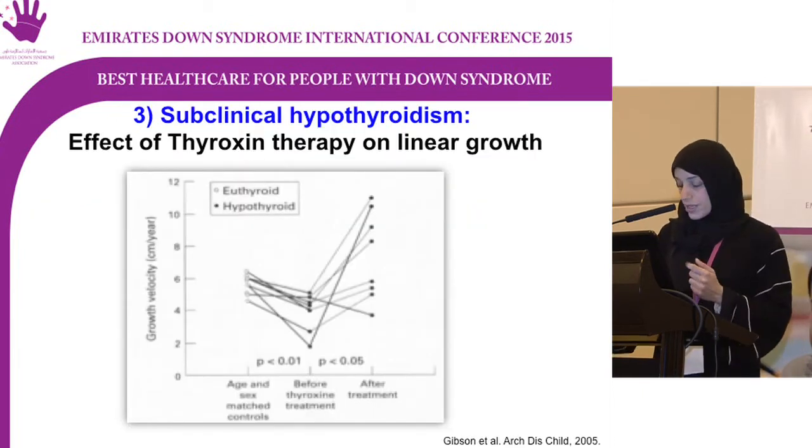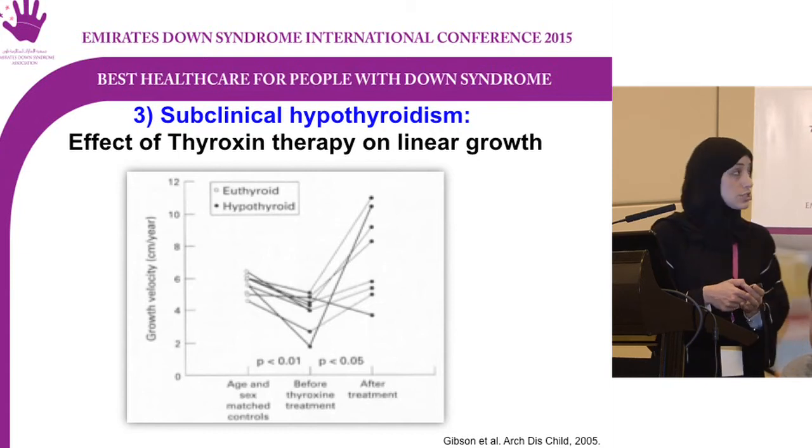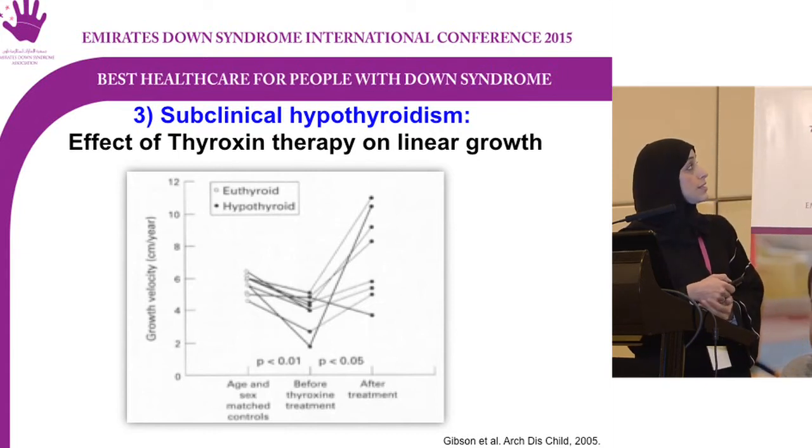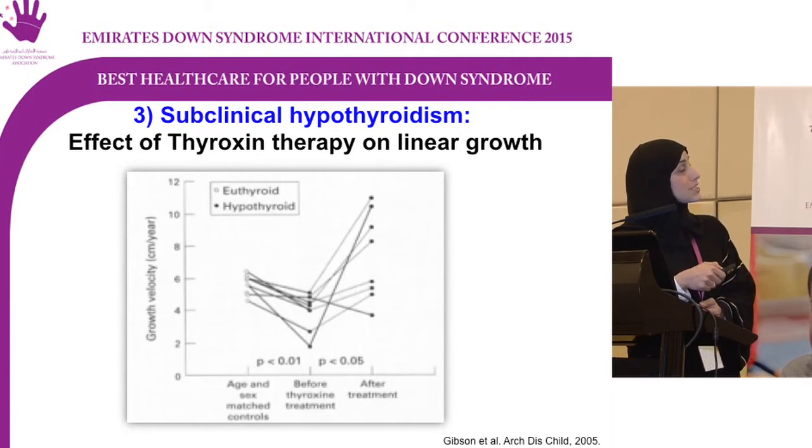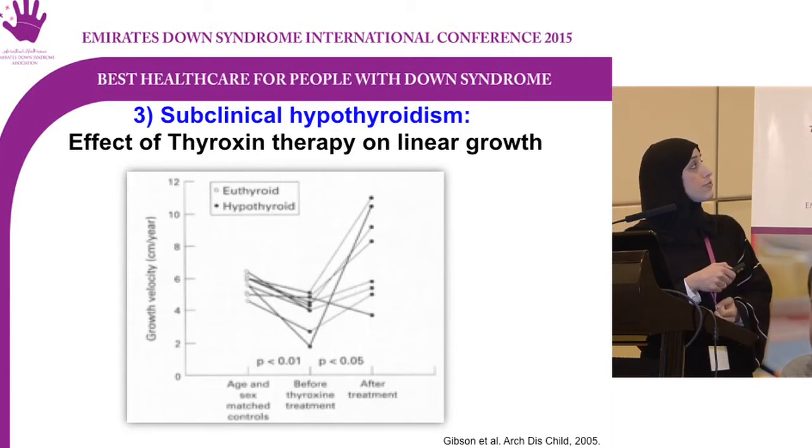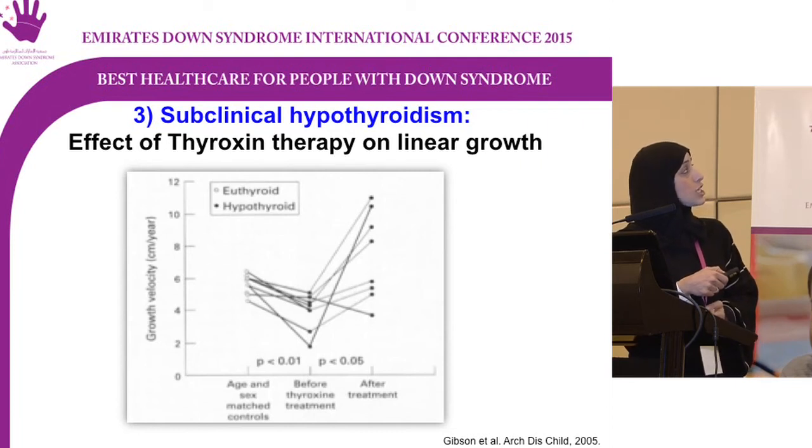This is one of the studies that I just shared with you. Here are the kids who are euthyroid, and these are the kids who are hypothyroid. These are 8 kids with Down syndrome, matched for sex and for age, and they compared their linear growth.